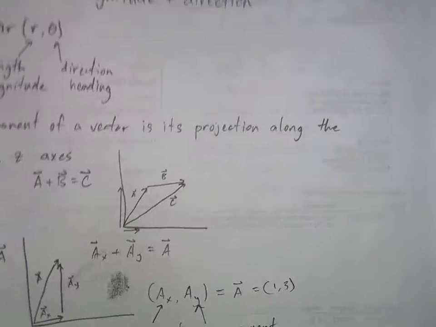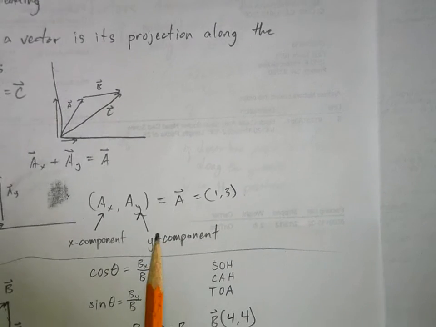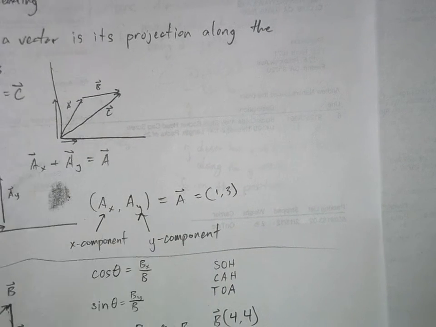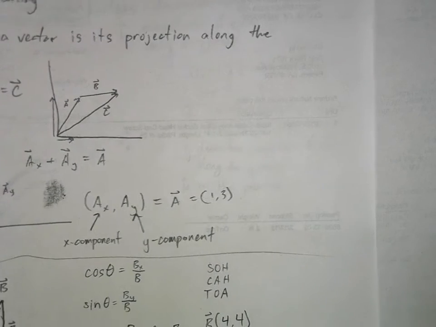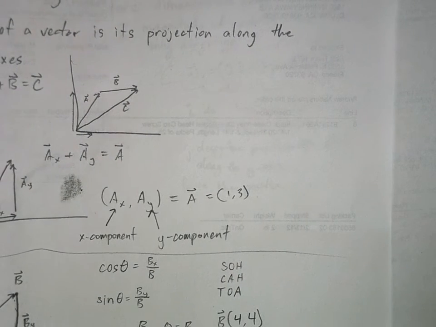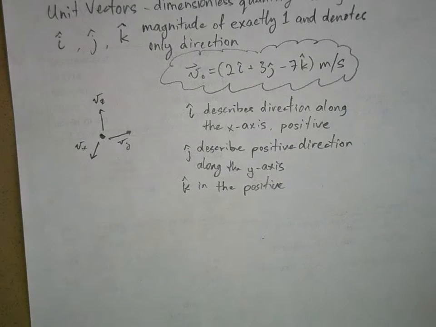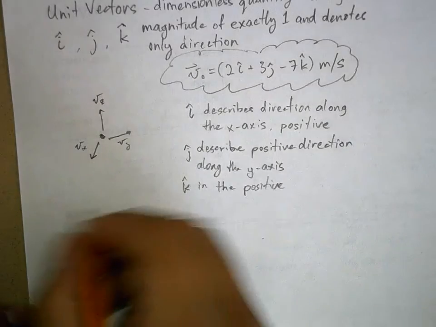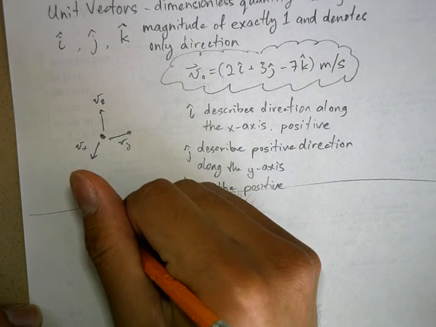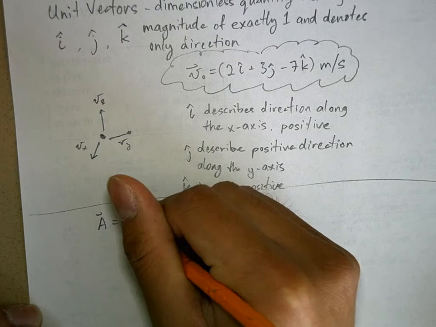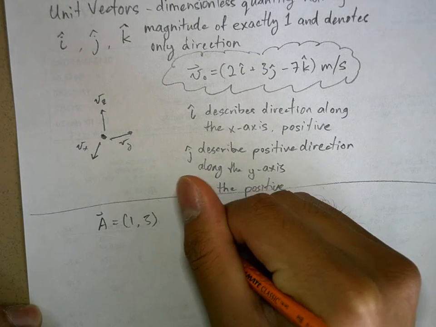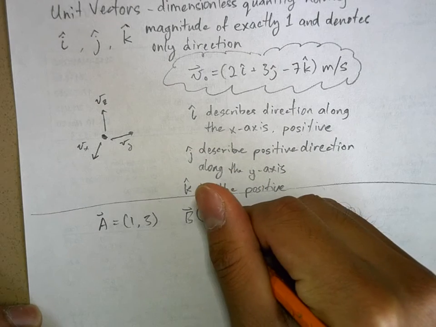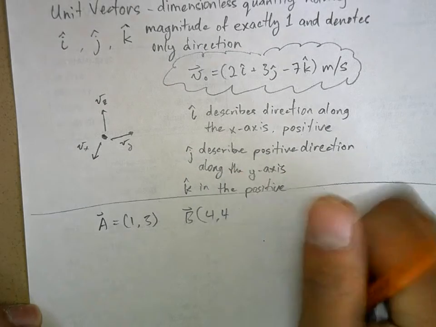So how do we write A as 1, 3 and B as 4, 4 using these i, j, k unit vectors? Easy. We have vector A with components 1 and 3, and vector B with components 4 and 4.